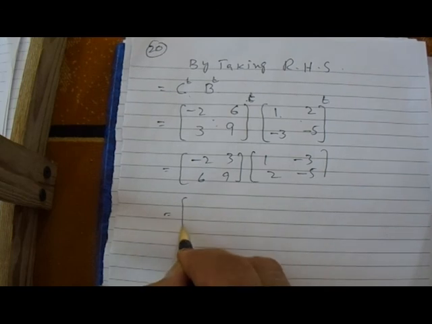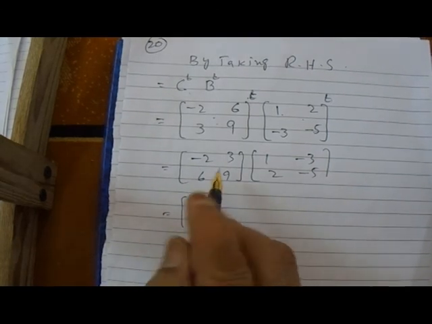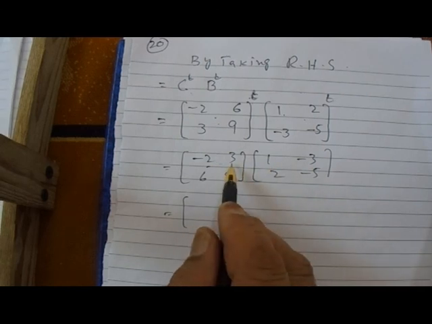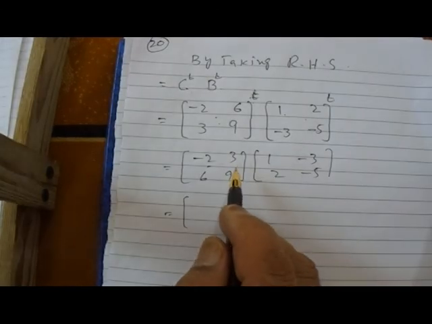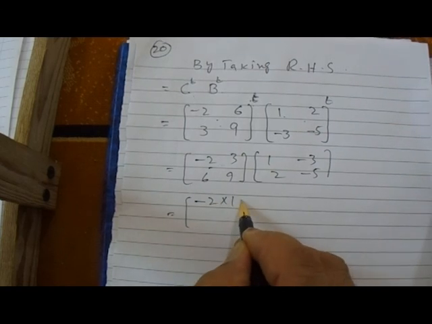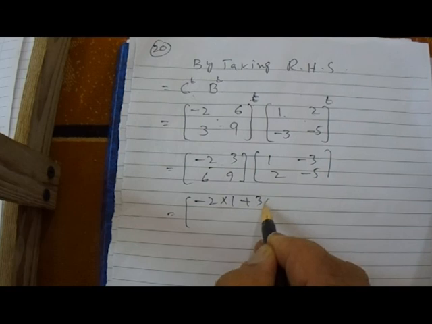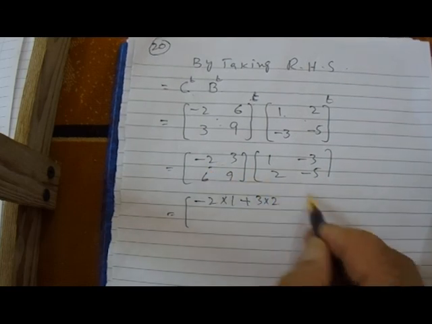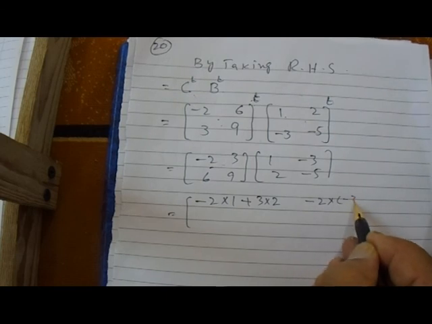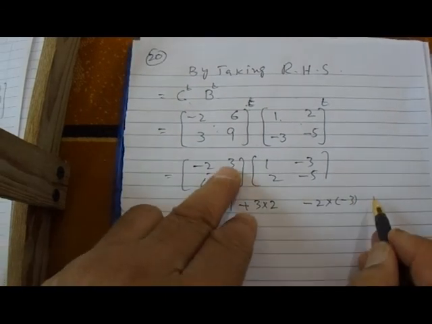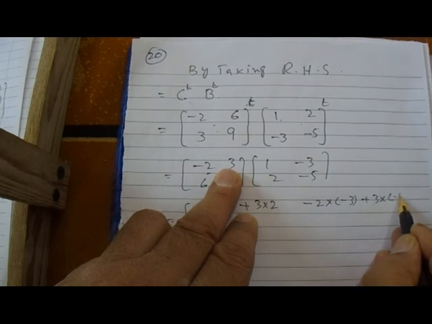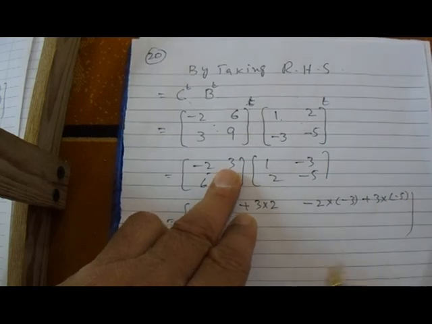We multiply this row by this column. Minus 2 multiplied by 1, and 3 multiplied by 2. Again minus 2 multiplied by minus 3, and 3 multiplied by minus 5.